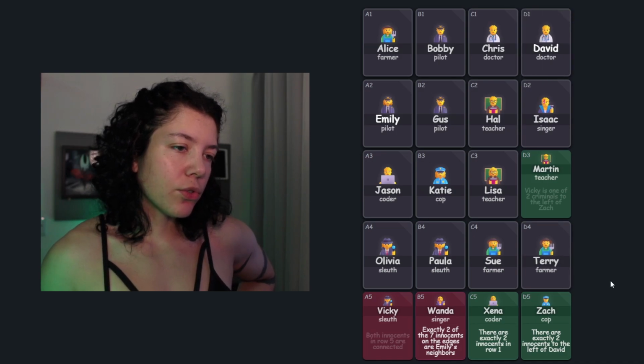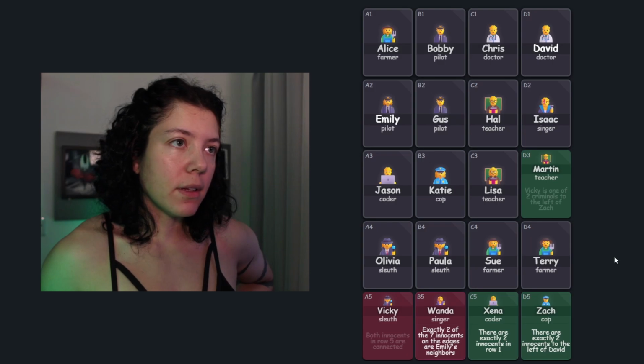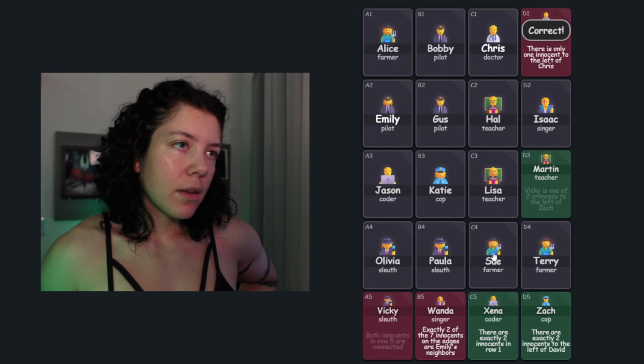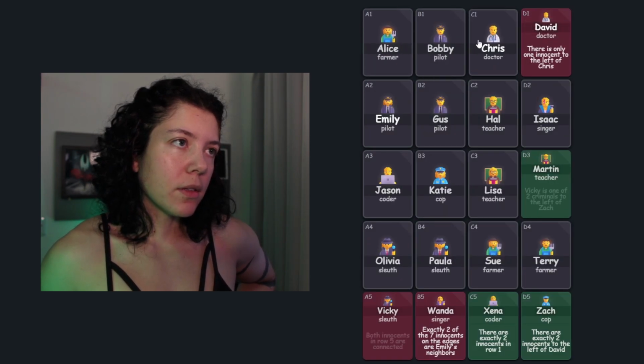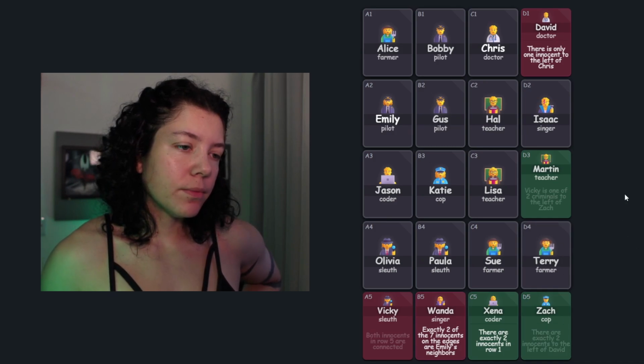So let's go to Zach's clue. There are exactly 2 innocents to the left of David. So we know that David is a criminal, at least, because there's 2 innocents in that row. And we don't need Zach's clue anymore.